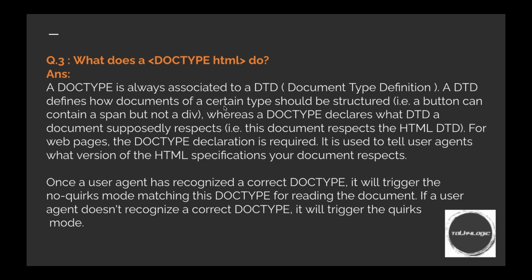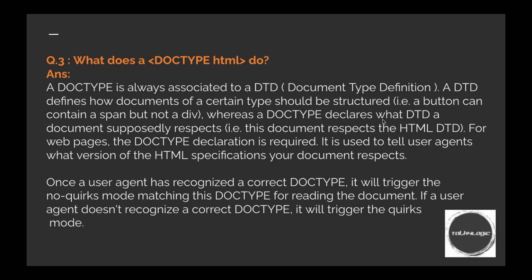Now move to the next question. What does a doctype do? A doctype is always associated with a DTD, document type definition. A DTD defines how documents of a certain type should be structured. That is, a button can contain a span but not a div.